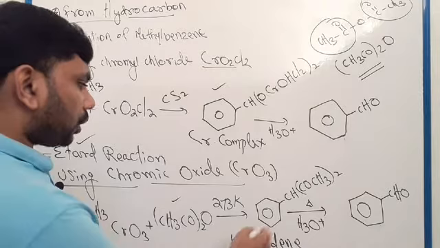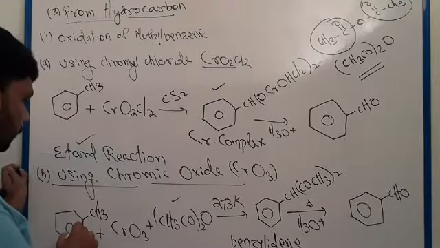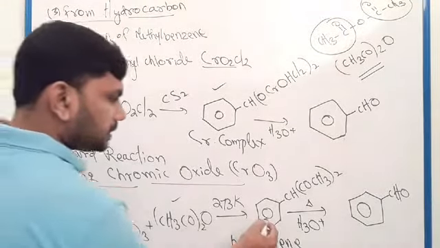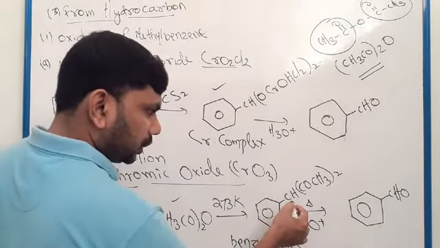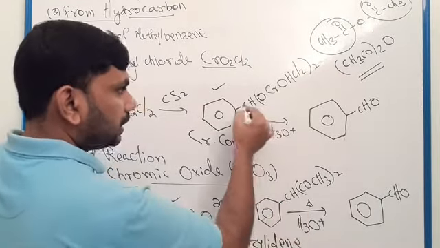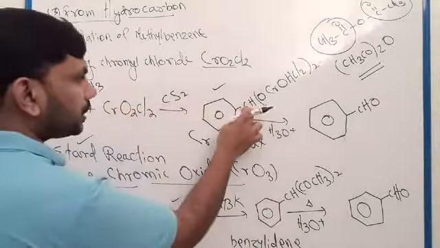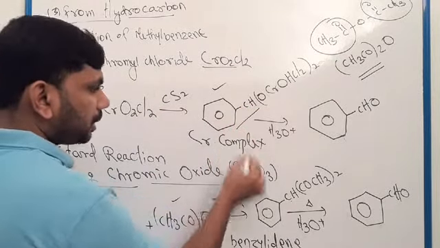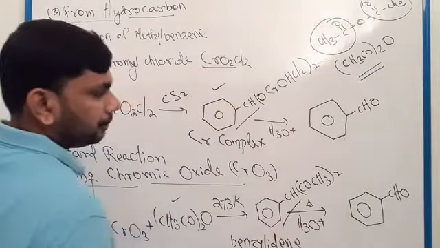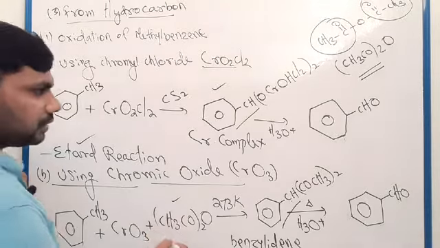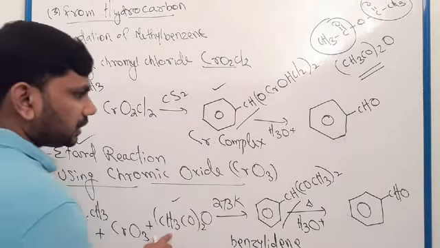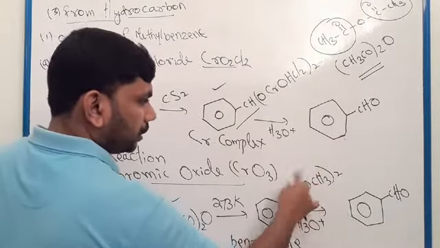This complex means, look here, benzene ring, then CH3, benzene ring, here CH. Same as before, it was CH3 and now it is CH. This part is the same. With acetic anhydride, here COCH3, COCH3 twice.